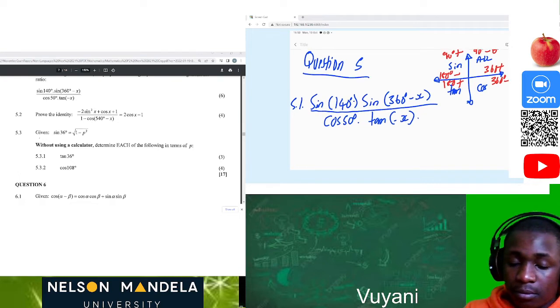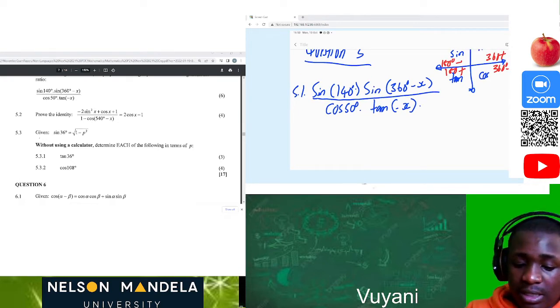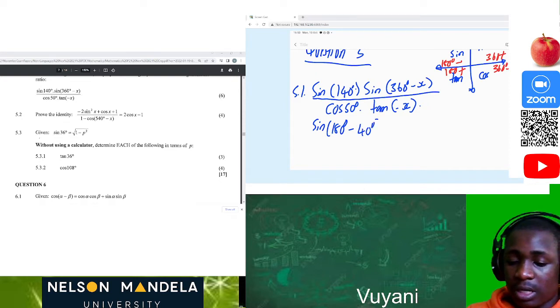Okay, great. Since it's in the second quadrant, it's 180 degrees minus which acute angle? The acute angle is going to be 40 degrees. Check it out.